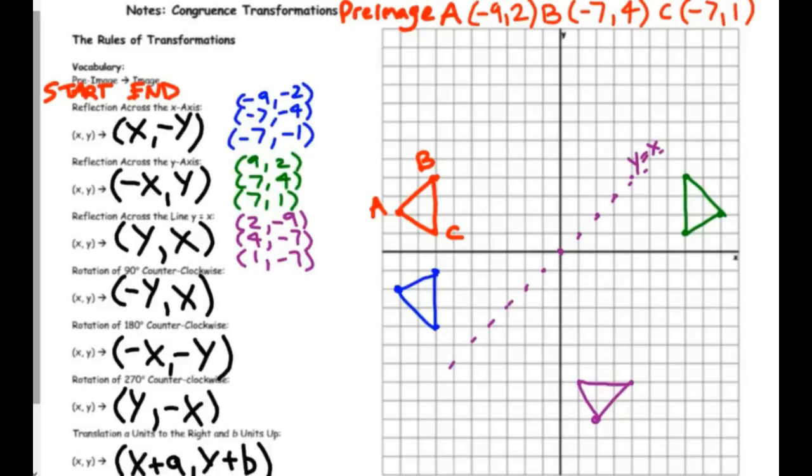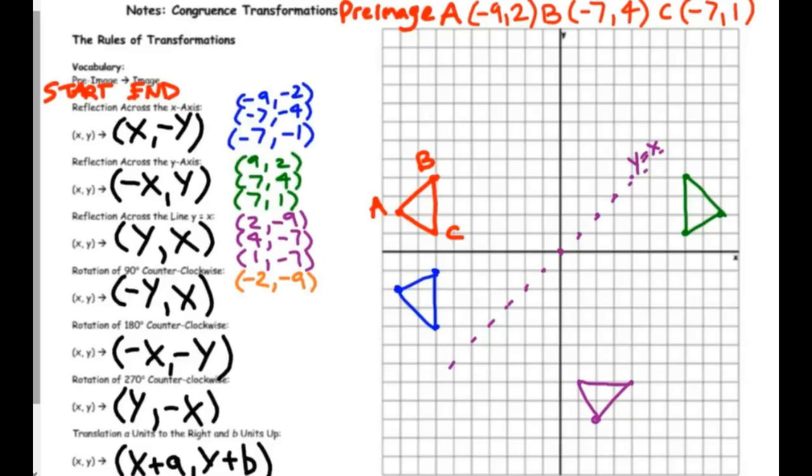So let me look at A. My y value is +2. What will that become? -2 and switch them. Okay? So if I take -9 and now -2 and switch them, I get -2, -9. Okay? These are one of the more challenging ones, but y'all can do it, of course.